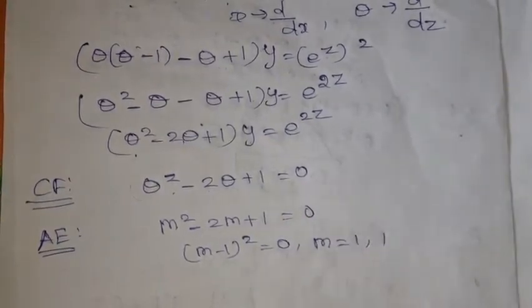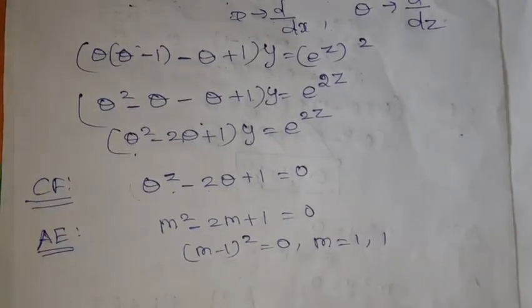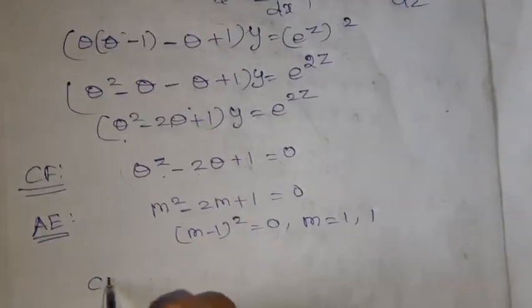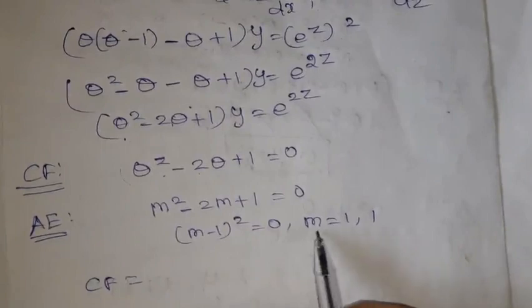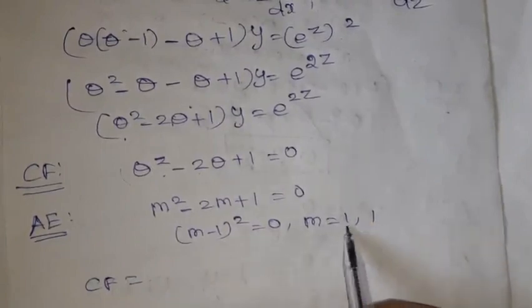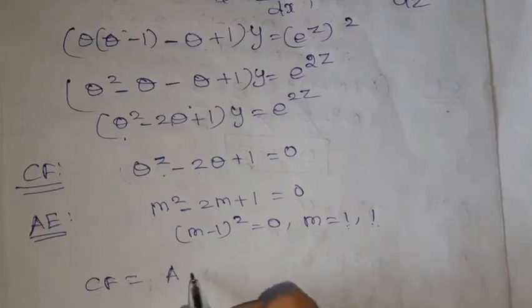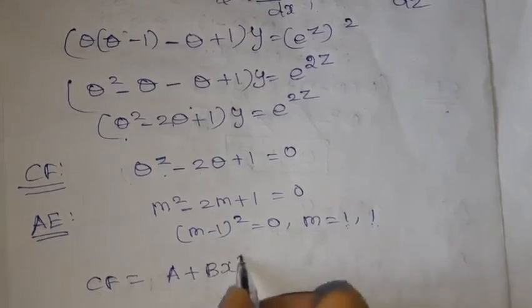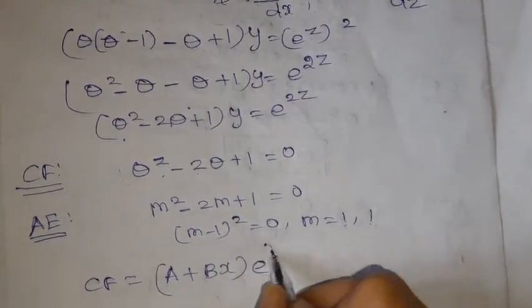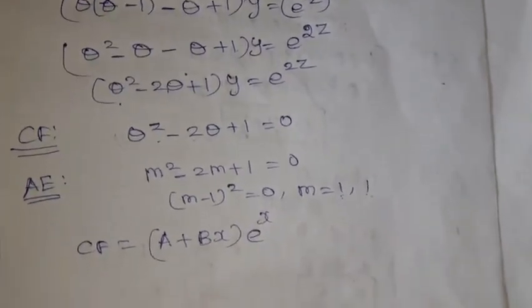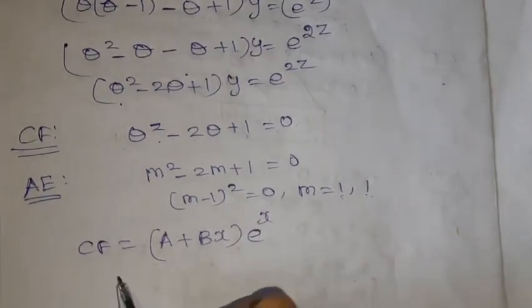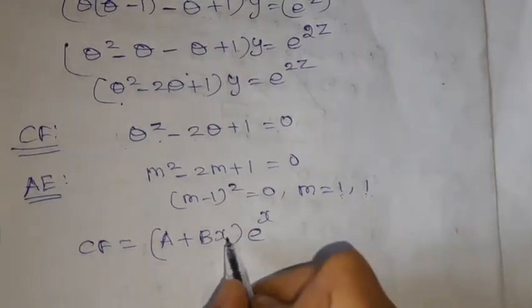We have two roots for m, that is 1 comma 1. The roots are real and equal. For real and equal roots, what is the complementary function? A plus bz, here with respect to z only, into e power mz, that is (a plus bz) into e power z.